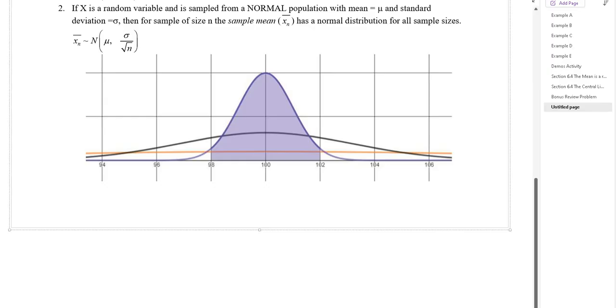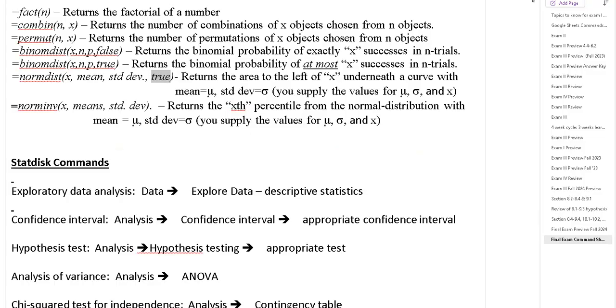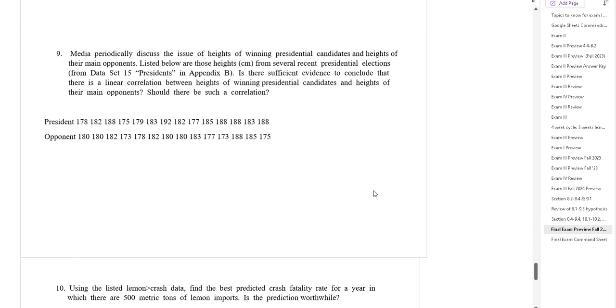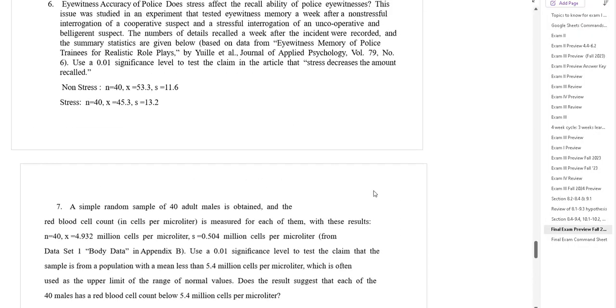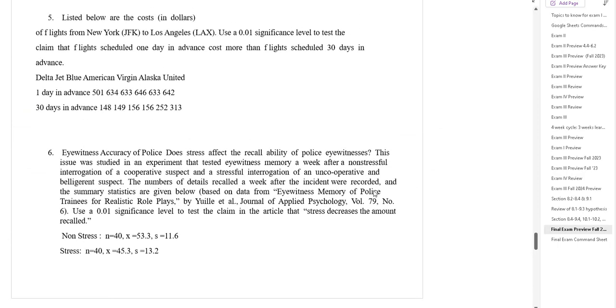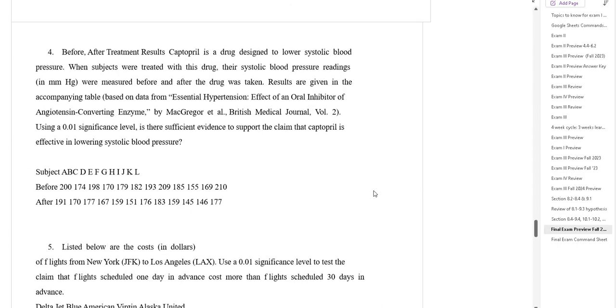And I'd like to see you do good on that. There's also examples of that in that exam review that I posted online as well. Towards the bottom, there's a lot of hypothesis tests. And let's just finish up with a couple of them here, just to get rolling.